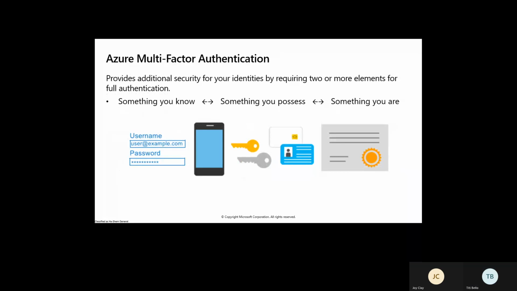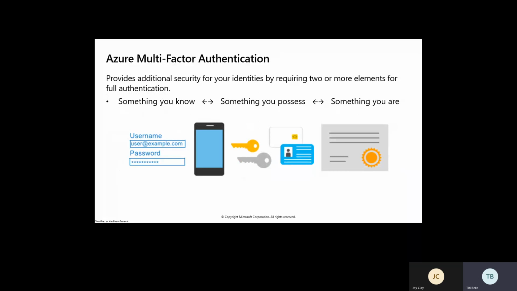So how do we prevent a compromised account from being able to access resources that they are not authorized to access? We can prevent that by implementing an additional level of authentication.